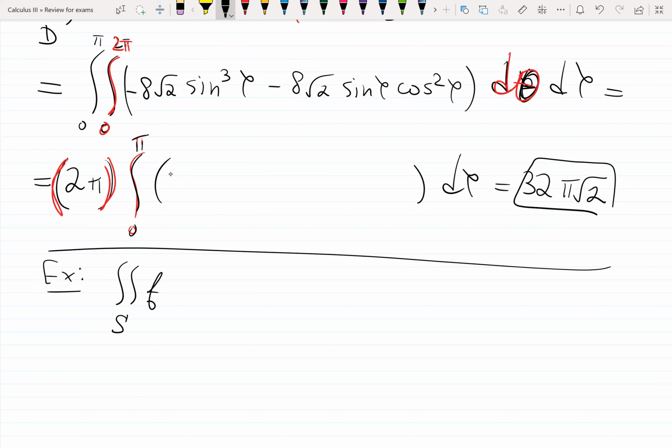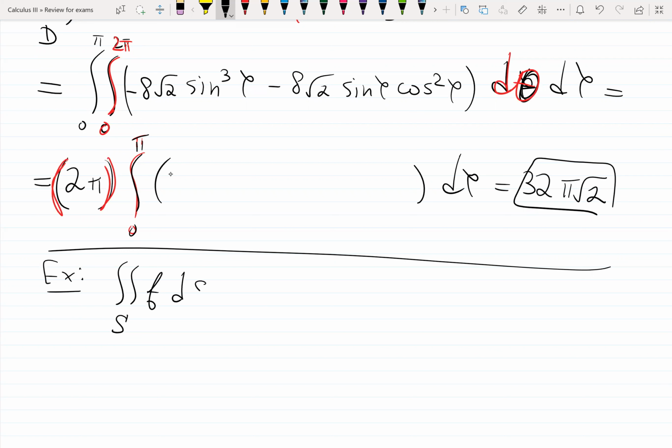Is it x squared? Okay, I have to figure out from the answer. X squared y plus z squared. Gradient, direction. No, we don't need gradient. ds. Okay, fine. Let's keep it like this.